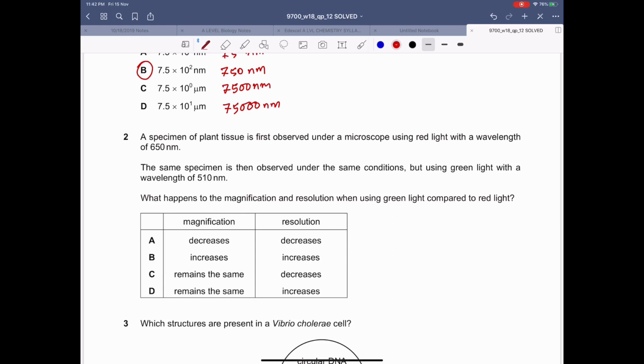Magnification is not going to change because changing the wavelength of light would not change the magnification. However, since we are now using a shorter wavelength, the resolution will increase. So we will go for option D. It remains the same and the resolution increases.